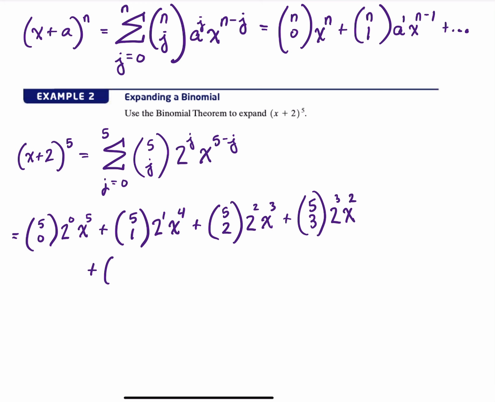So plus 5 choose 4 times 2 to the fourth power. Oops, I wrote x. Times x to the first power. Then plus 5 choose 5 times 2 to the fifth power times x to the 0 power.